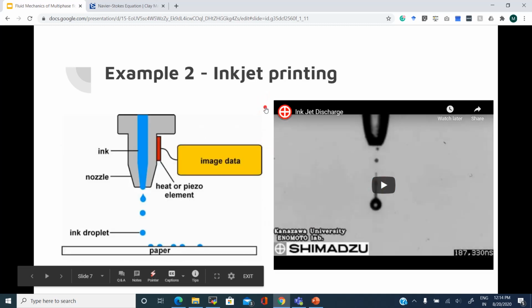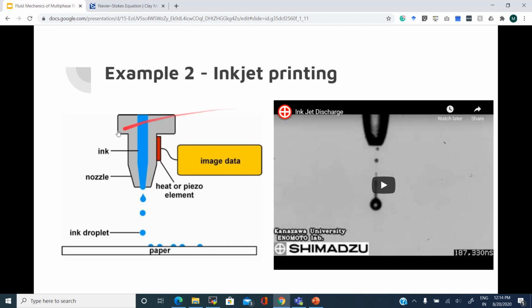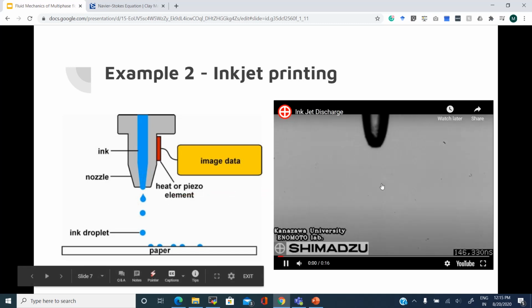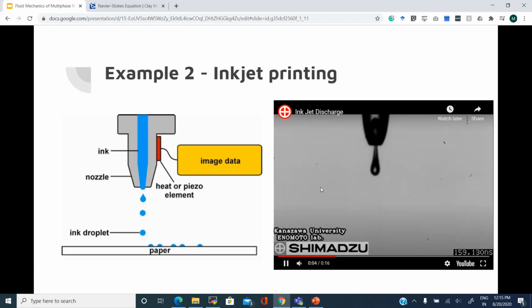Another example is inkjet printing. Here you have the nozzle of an inkjet printer. There is a mechanism here to generate small drops of ink. This is an actual slow motion video of the inkjet printer.